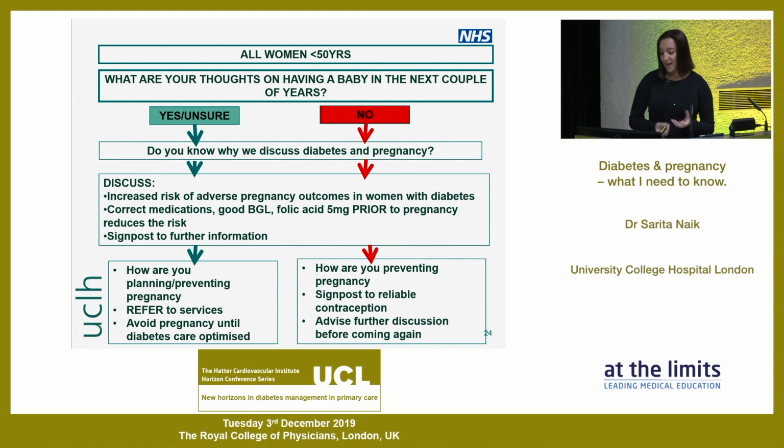And then it depends. If they're a little bit unsure, you can talk about how they're planning or preventing a pregnancy. If they're thinking, yes, possibly, then refer on to services. And certainly I know that in Camden, one of our diabetes nurses is doing preconception clinics. But if it's no, then it's all about contraception. But just advise them to come back and talk to you again when they're thinking about it.